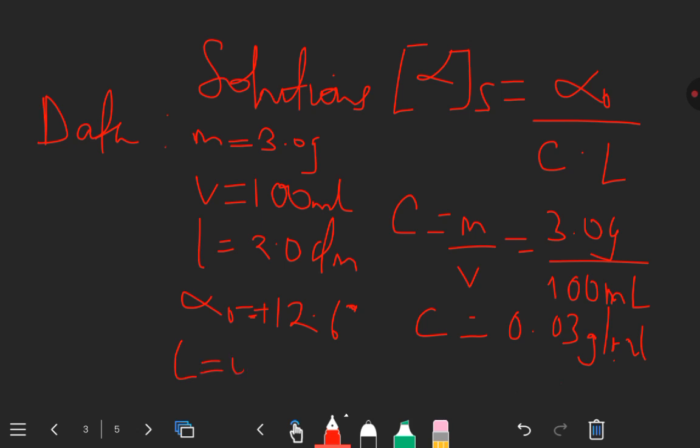Concentration is equal to 0.03 grams per mL.